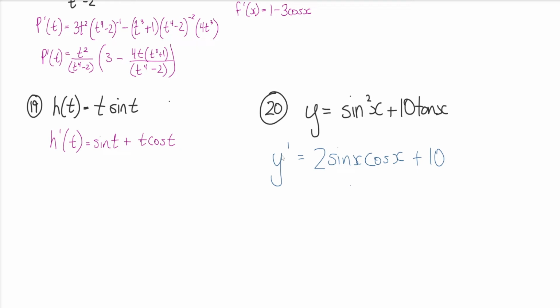Do you remember what the derivative of tan of x is? Now, if we didn't know, we could do the sine of x over the cos of x, and then treat that as if it was a weird product. So let's just quickly do it here.